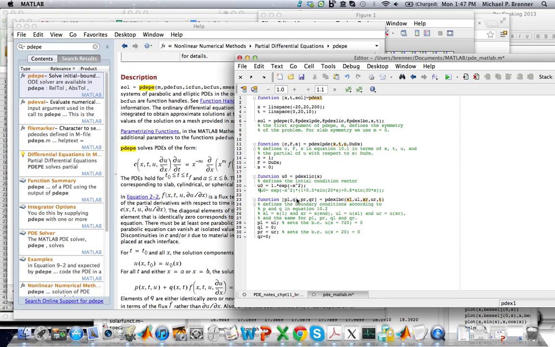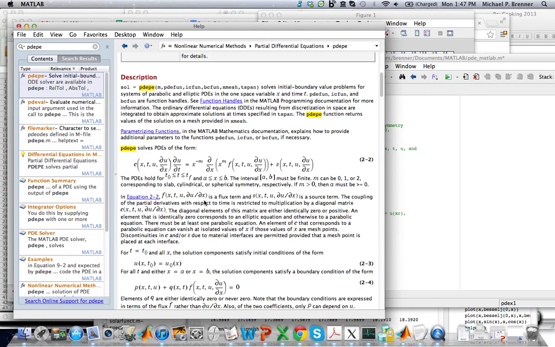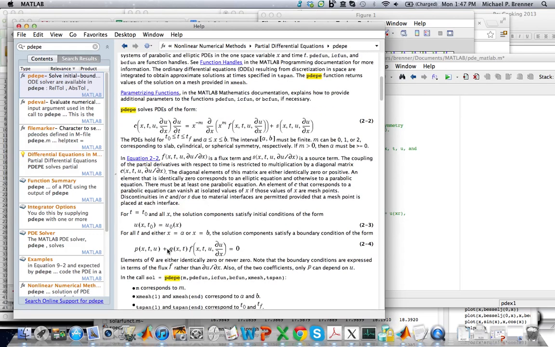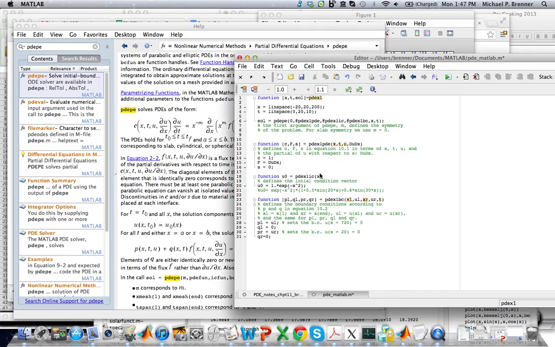And then the last one specifies the boundary conditions, and for that, you have to look a little further down. You see the boundary conditions are imposed at either x equals a or x equals b, the 2 boundaries, and they're of this form, p plus q times f is equal to 0, where f is the flux function here. Remember, in our equation, we define the flux as du/dx.